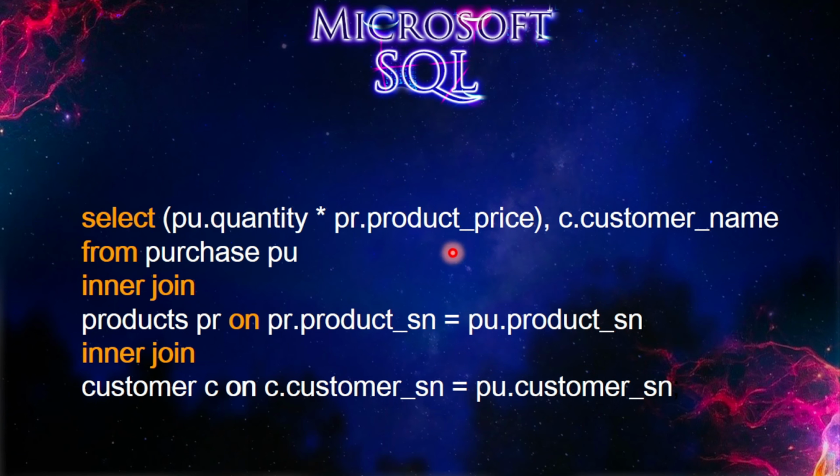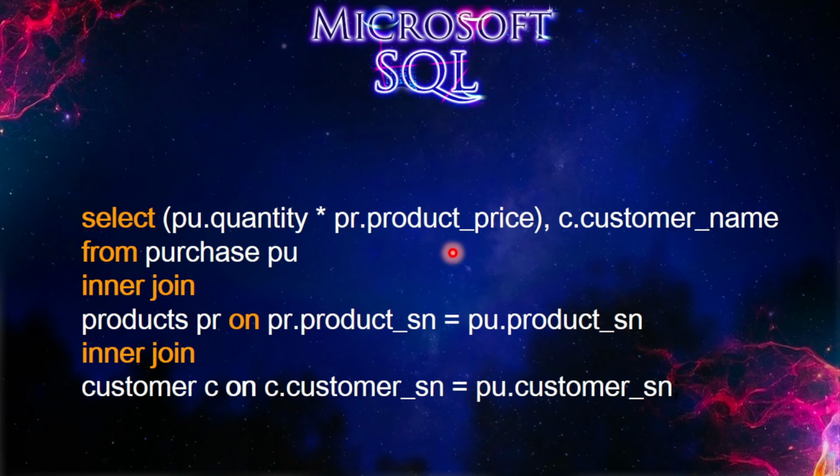Create table purchase, serial number, big int, identity, which would be an auto increment, and a primary key for this current table.